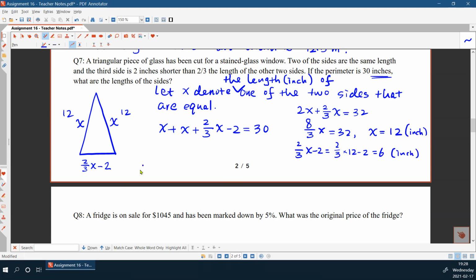Okay, so the conclusion is the lengths of the sides are 12 inches, 12 inches, and 6 inches.